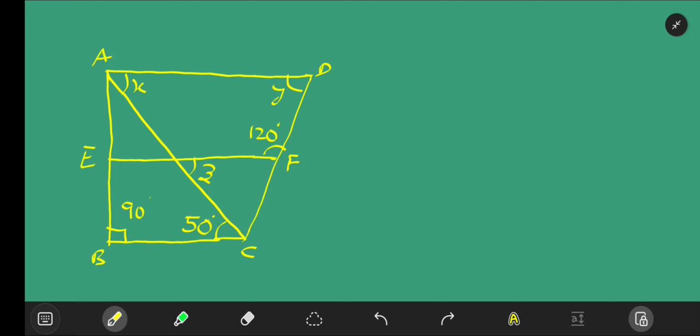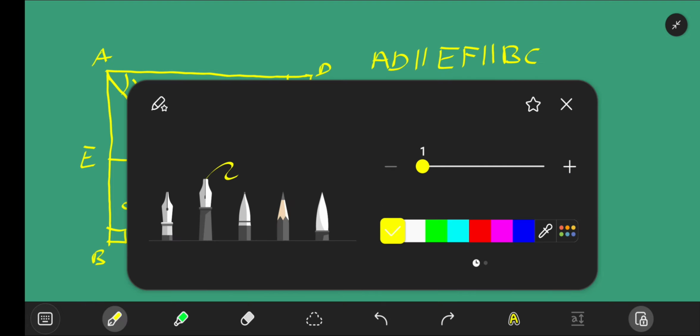Now let's do an example on previous class concept. The example is like this. Here AD is parallel to EF is parallel to BC. These three lines are parallel to each other, and the angle BCA, this angle is equal to 50 degrees, they are giving.